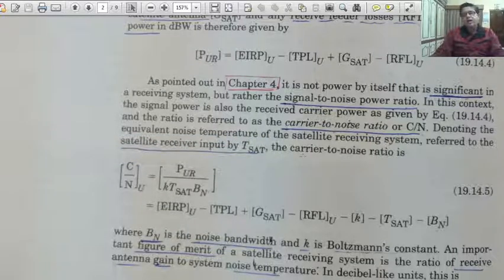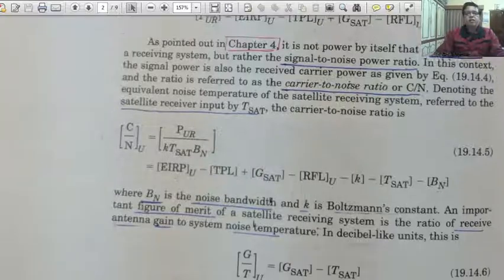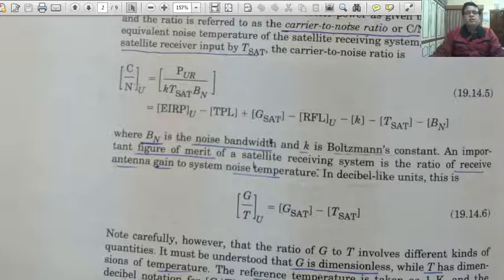The carrier to noise ratio is C upon NU equal to PUR upon k T SAT BN, and this is equal to EIRPU minus TPL plus GSAT minus RFLU minus k minus T SAT minus BN.